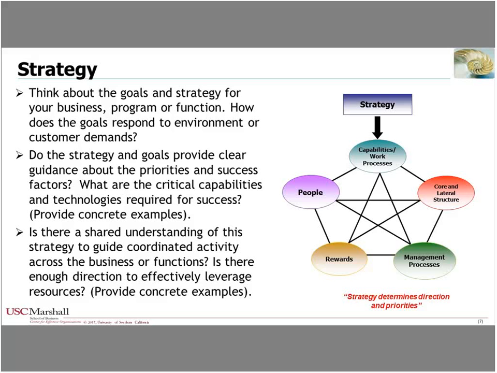When people share the model and understand it, they can understand their contribution, and we can begin to align the organization in terms of these systems, structures, and processes to make this strategy happen. So that's the beginning point.